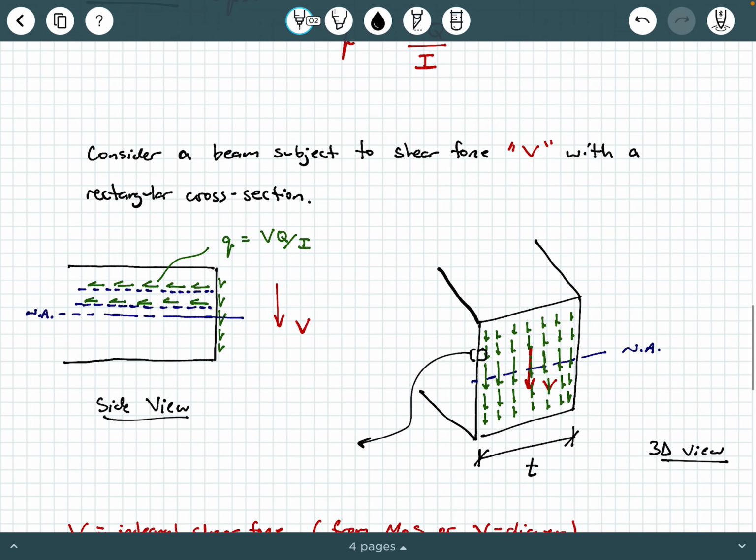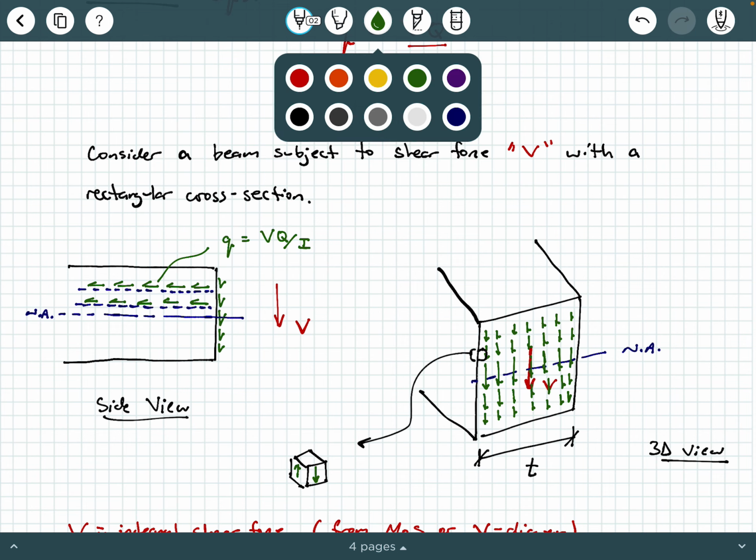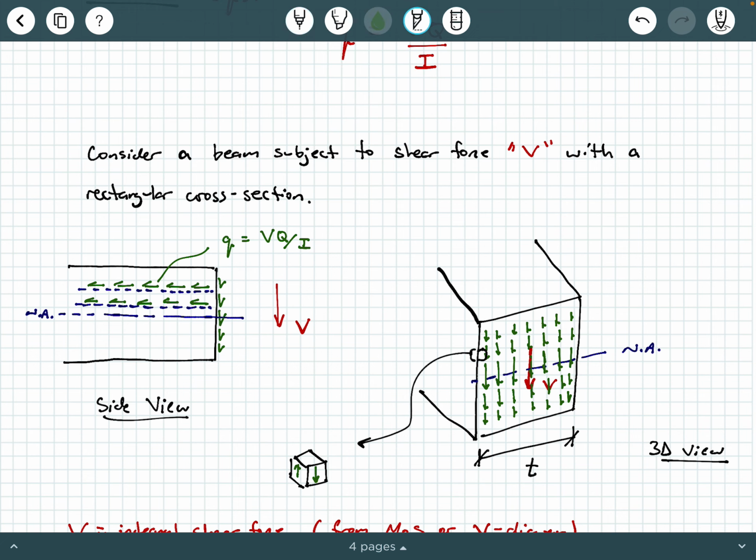If I zoom in and make it a 3D view, I'm going to have a 3D element that looks kind of like a little cube, all right? And so what I'm going to have here is a shear stress tau, like one of these little vectors.